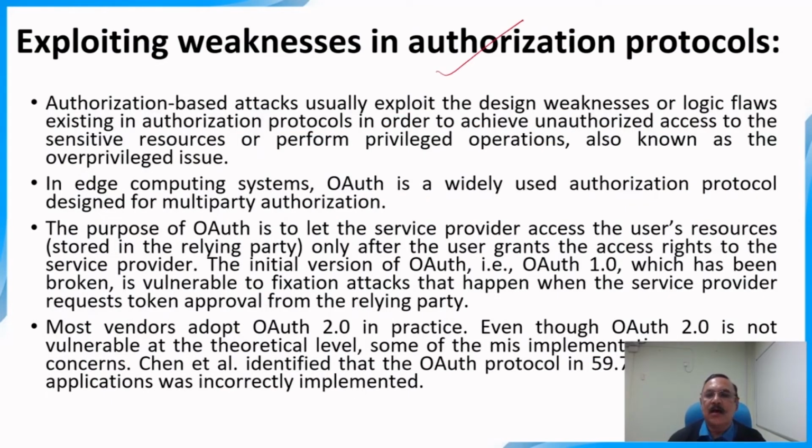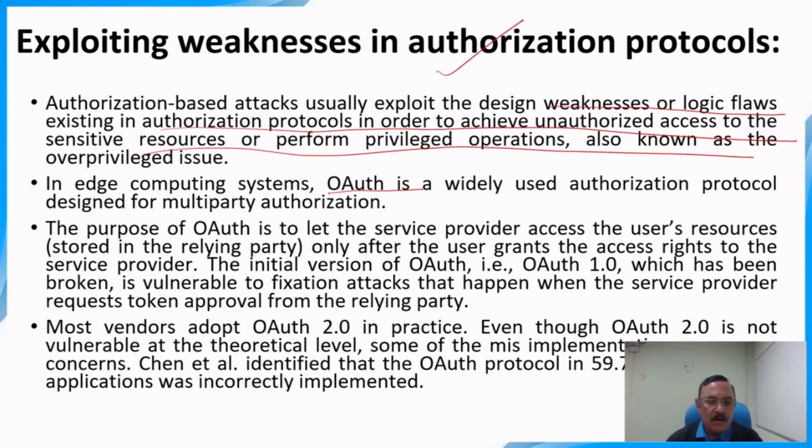Exploiting the weaknesses in the authorization protocols is another way of carrying out authorization based attacks. Attackers usually exploit the weaknesses or design flaws existing in authorization protocols in order to achieve unauthorized access, obtain sensitive information, or perform privileged operations, also known as over privileged issues. So, in edge computing, authorization is a widely used protocol designed for multi-party authorization.